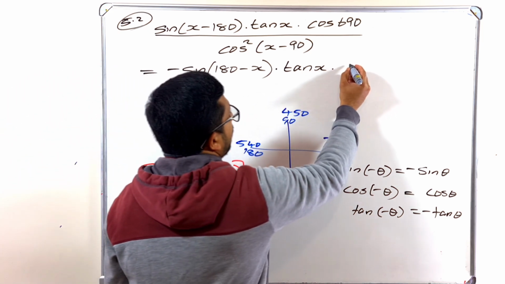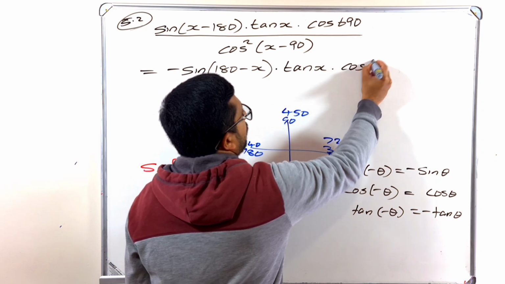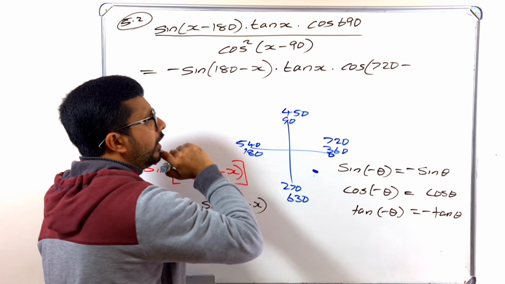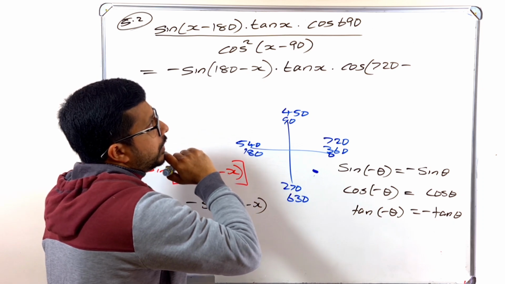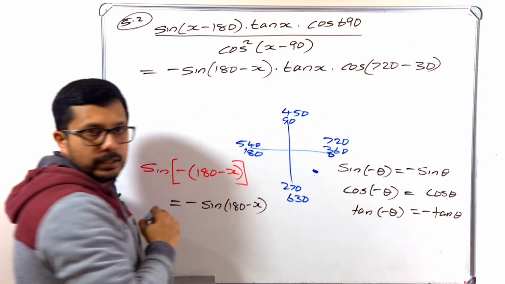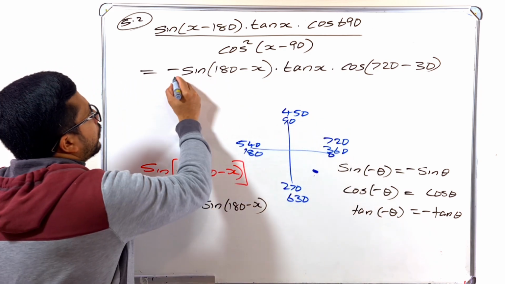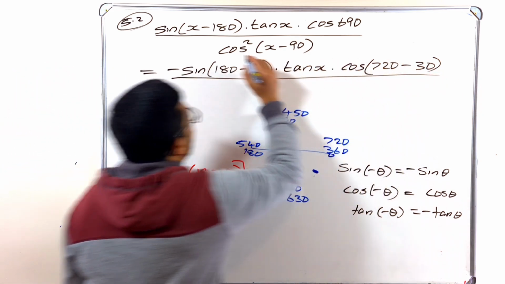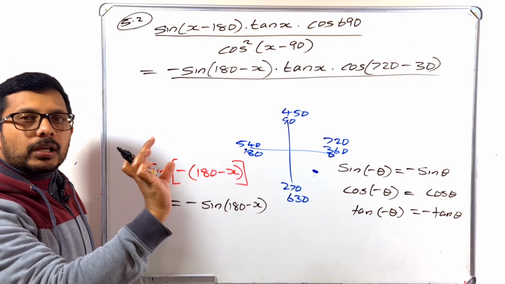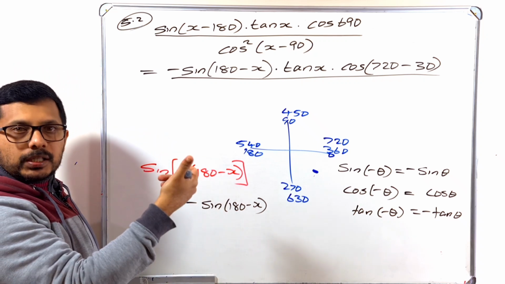So here cos of 720 minus what, guys? It is 30. 720 minus 30 is 690. Then the whole divided by cos squared of x minus 90. There also you can see, normally we are writing 90 minus x.